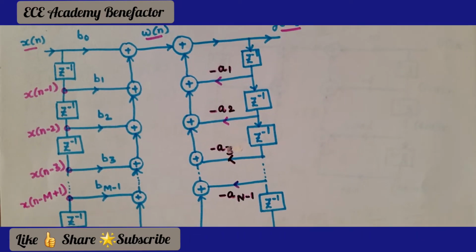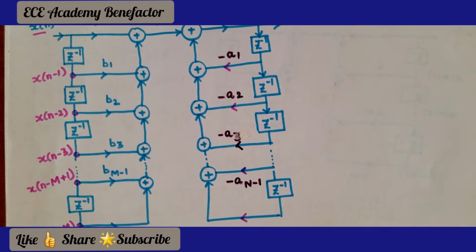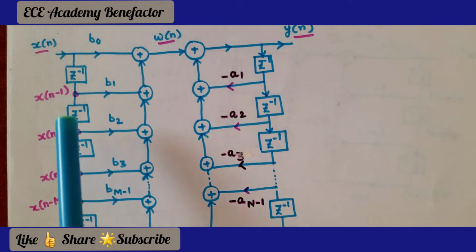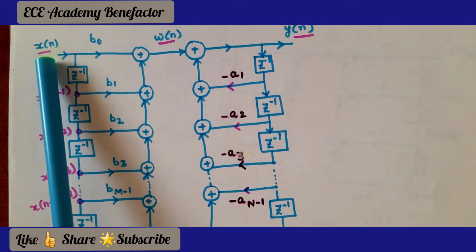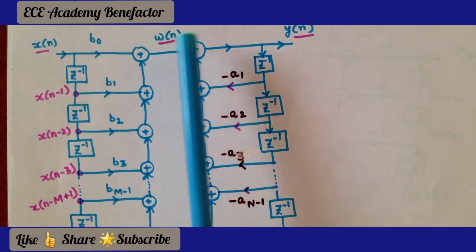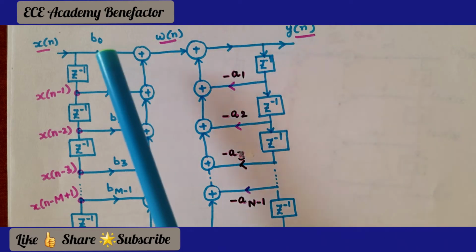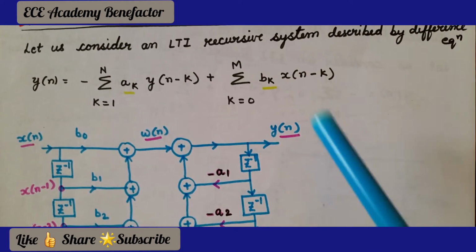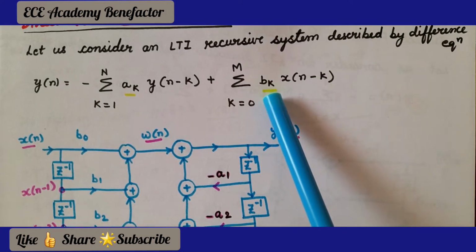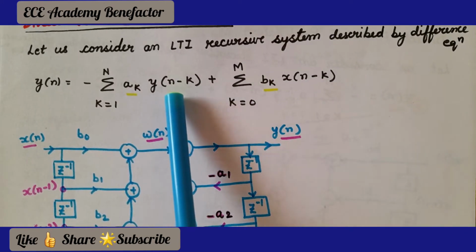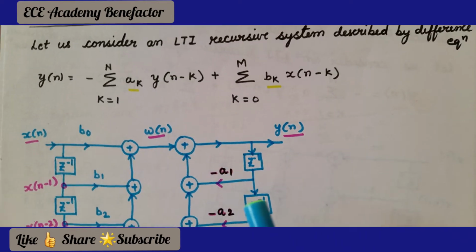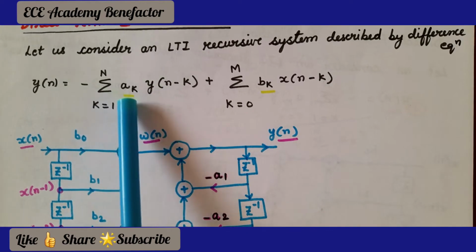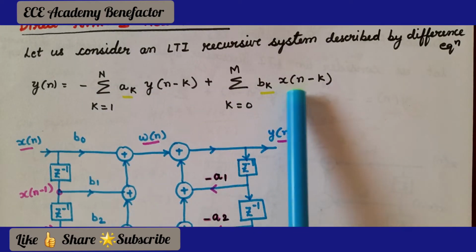So, for a general direct form 1, the diagram comes as x of n, w of n and y of n. Here, if you observe, the coefficients of x are taken as b and the coefficients of y are taken as a. The coefficients of y are minus ak, and the coefficients of x are plus bk.